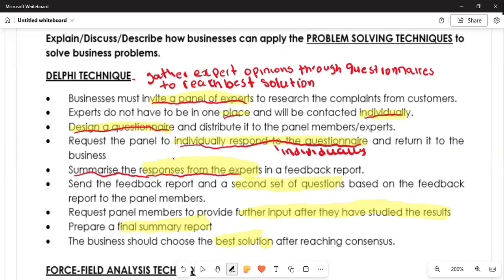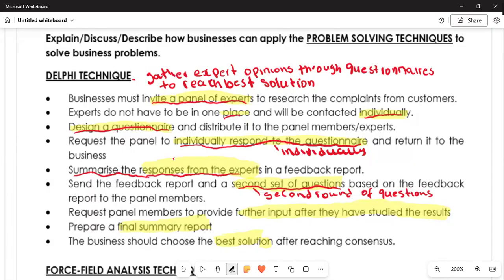Now we are told again, send the report and a second set of questions based on the feedback report to the panel members. So you send a second round of questions, based on the feedback, or new questions.